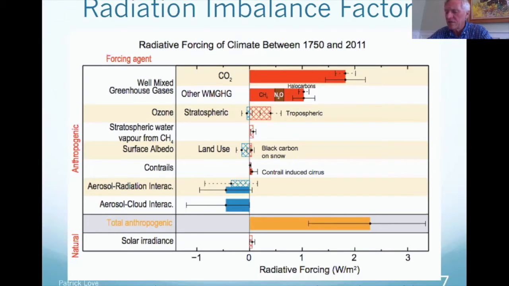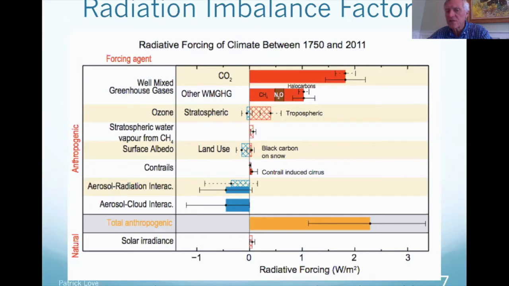So to summarize, changes in these various independent variables are estimated over a time period. So we know from 1750 to 2011 what's been happening with CO2, land use, aerosols, and all these other things. And what we're saying is by taking various models of how those things affect the radiation leaving the Earth, we can estimate the total radiation imbalance at the top of the atmosphere with some accuracy, but a pretty big error bar, right?